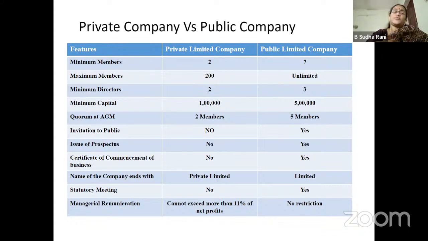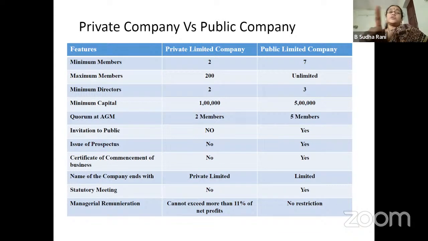So you have 2 points together. See, invitation to public and issue of prospectus. So a private company doesn't give any invitation to the public to buy their shares. Okay. So a private company will give no invitation because they raise capital among themselves.